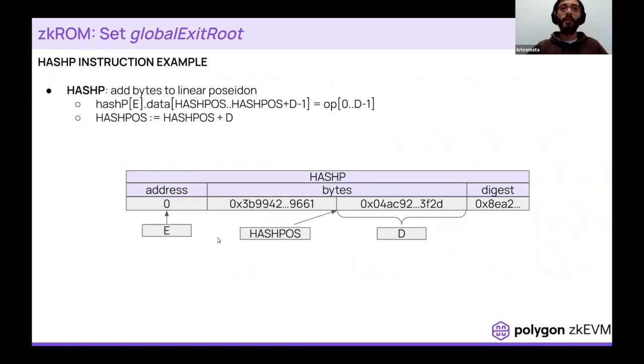And the register hash pos is basically the offset where I want to add those bytes. It's like the offset size here. Okay, so I'm adding bytes to the hash. Once those bytes are added and finalized, I will close the batch with the instruction hash K end, and hash K end also takes this E register.